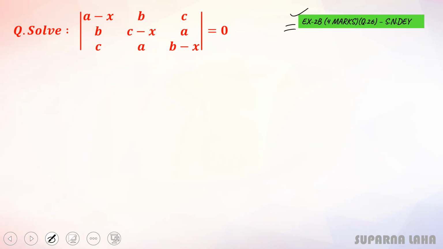Since a determinant is a value, we can say that this is an equation in x and we need to find the value of x, as we find the value of x in any equation.